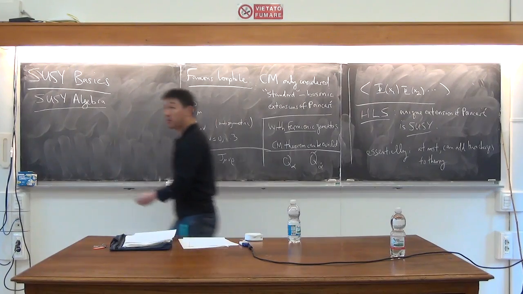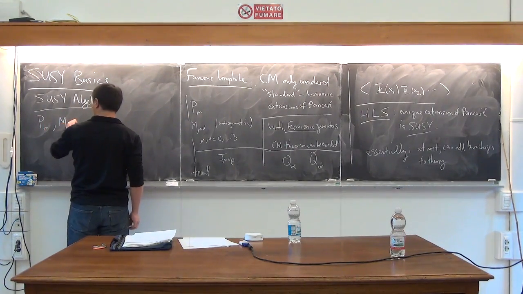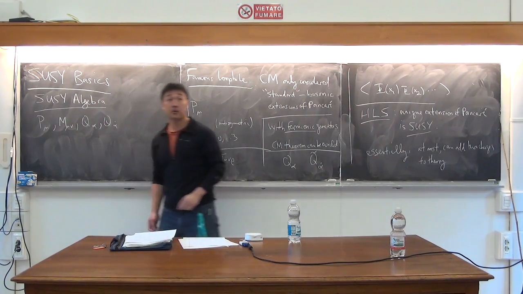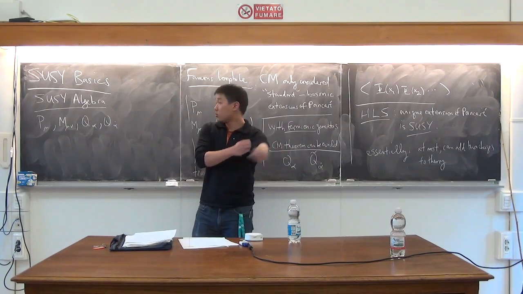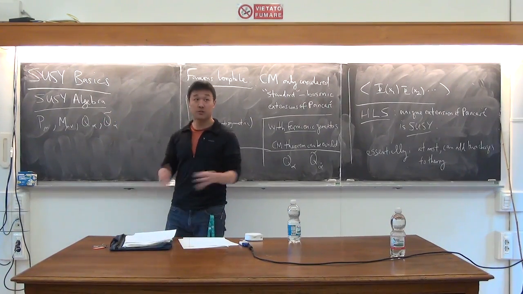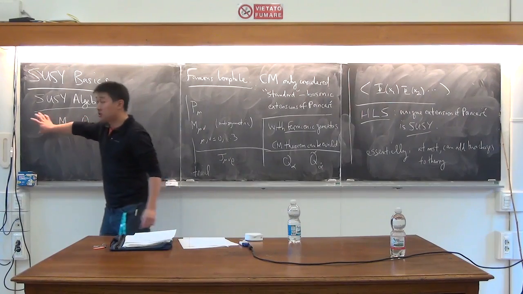Suppose my cast of characters are these objects. I would like to figure out what is the allowed set of commutation relations between these charges, right?